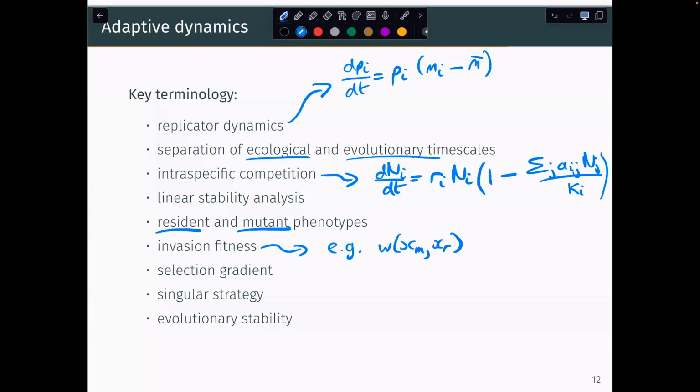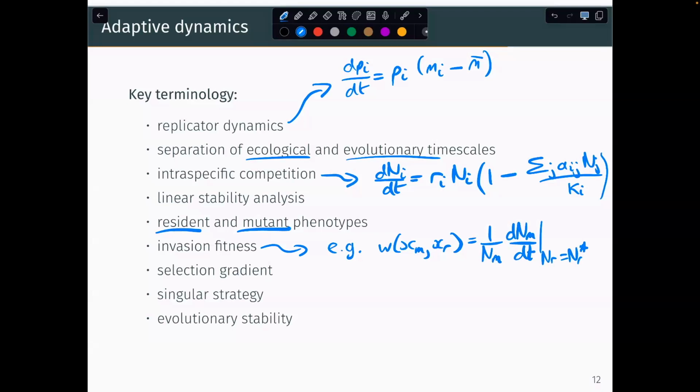This is really saying what is the fitness of a rare mutant in an environment created by this particular resident phenotype. And really all of this is just the per capita growth rate of my mutant, when N_R is equal to N_R star. Okay, so when it's at a steady state.